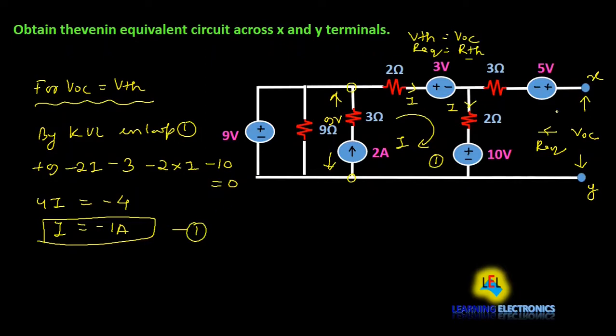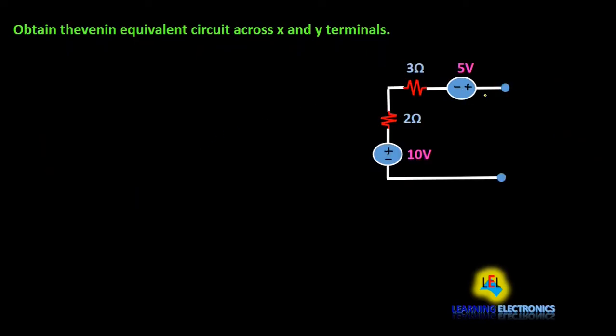Now we will take this loop for finding out the open circuit voltage VOC. So we have taken this loop, this is X node, this is Y node, and we have to find out VOC. So apply KVL in this loop 2. So here the current I is flowing and here the current is 0. Let this be small i is equal to 0 here.